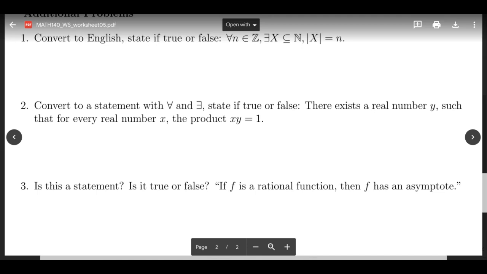Moise says for every integer n, there is a natural number set. Well, you have to see there is a subset of natural numbers, right? There's a subset, with wiggly parentheses, X of natural numbers such that the absolute value of the members in the set equals n. Okay, looks good.